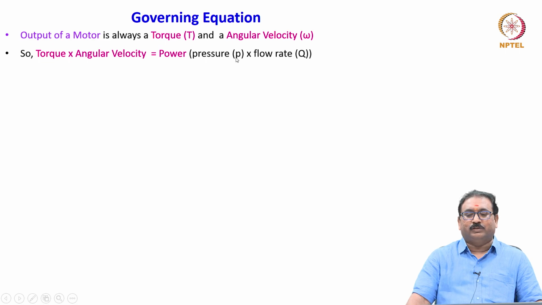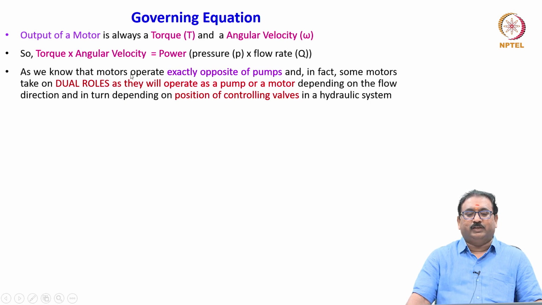Here it includes the pressure and the flow. As we know, a motor operates exactly opposite of a pump. In fact, some motors take on dual roles as they will operate as a pump or a motor depending on the flow directions, and in turn depending on the position of controlling valves in a hydraulic system.